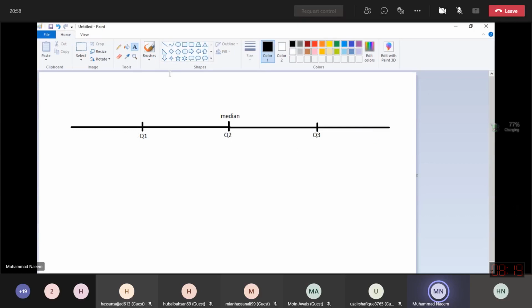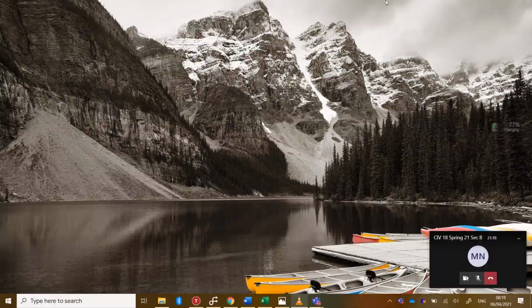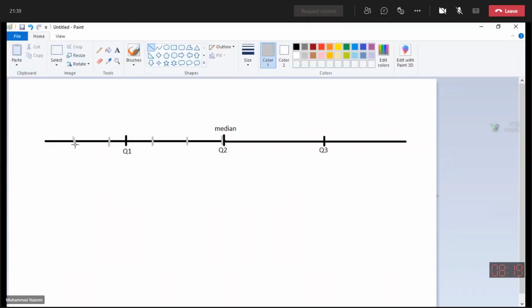Now, if we need to cut our data into 10 equal parts, for this purpose we will cut it at 9 places. These 9 cuts are called deciles. Each one is a 10th part of our data.